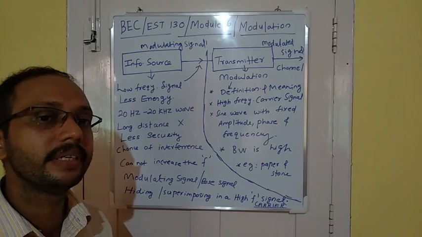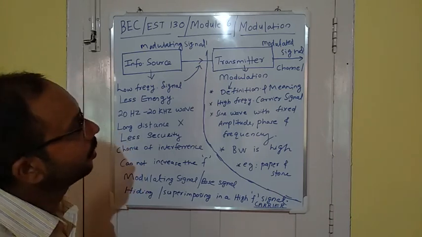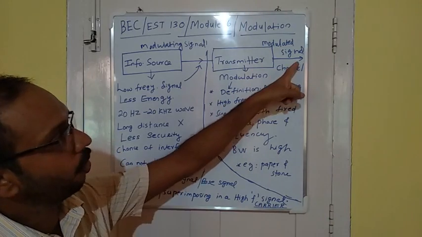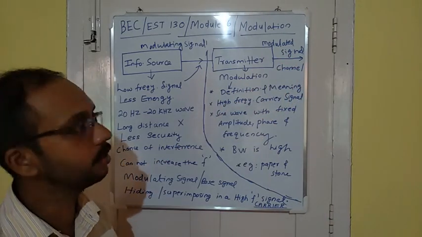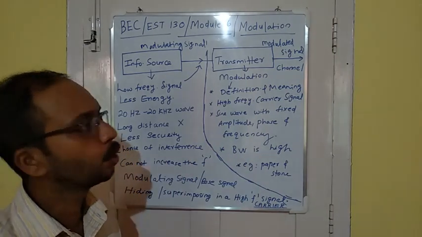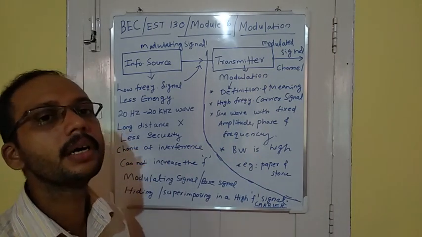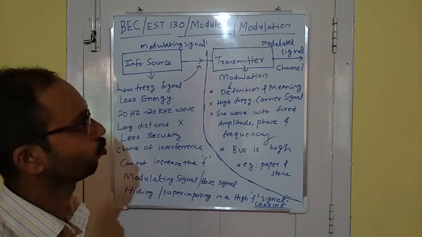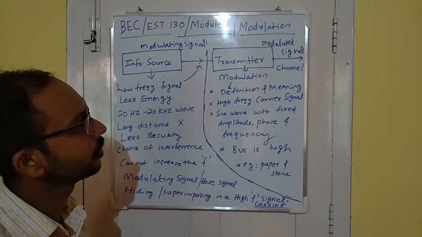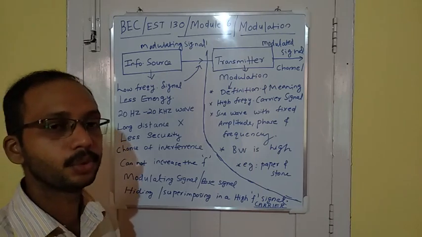High frequency signal is the carrier signal. This modulated signal is transmitted over a long distance, through a channel to the receiver section. There are so many advantages in modulation. Let's see what the advantages of modulation are.